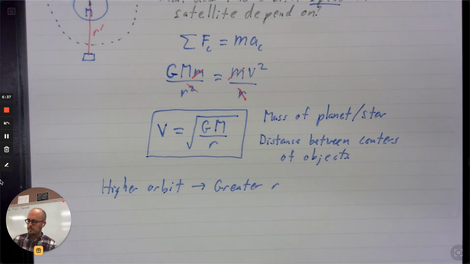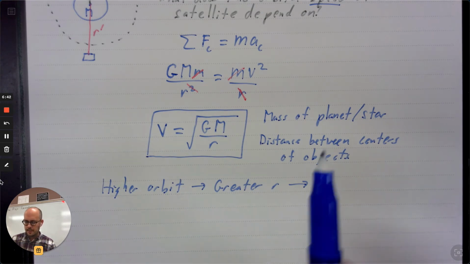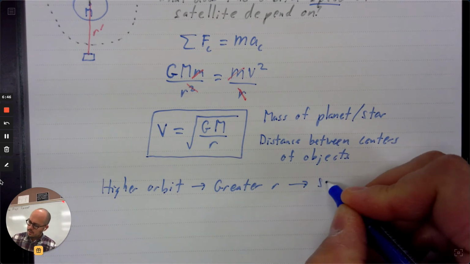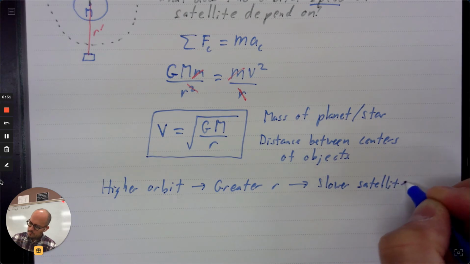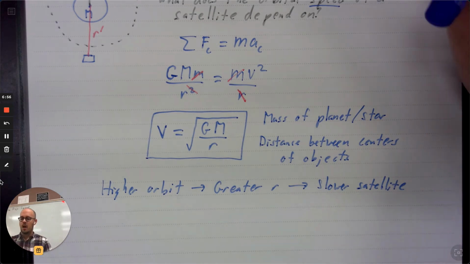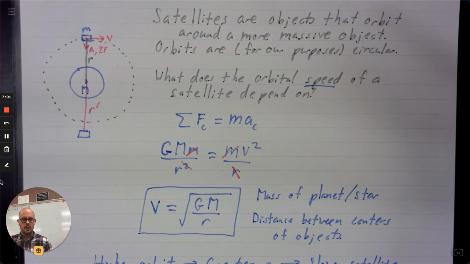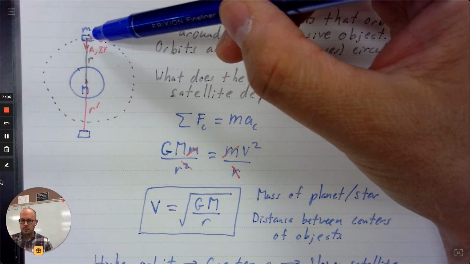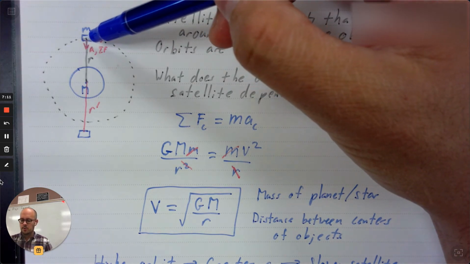Well, in order to do that, it's kind of complicated more so than this, but the end result of having a higher orbit is a slower satellite, which might be counterintuitive. But from an actual operating a spacecraft point of view, if you're going to move a satellite to a higher orbit, you need to essentially do two things. Exert some force with whatever thrusters are available on the spacecraft to push it out of the circle.